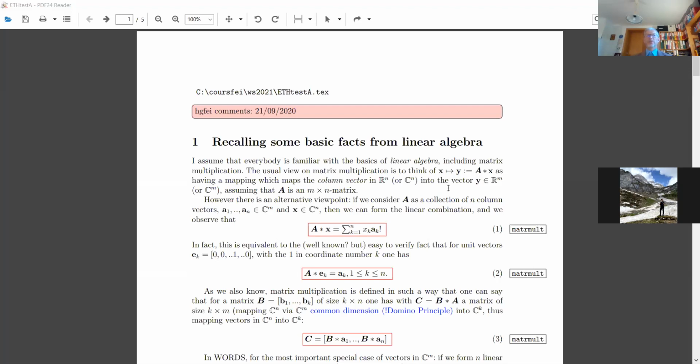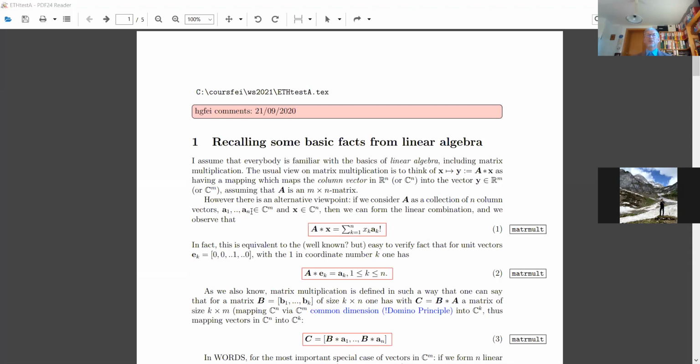So if you're given in a linear algebra course 5 vectors in R7 and you would like to do a linear combination with some coefficients, you need the right number of coefficients and you're summing up, and what you're doing is you put these vectors into a matrix. They all have the height of their columns, of course, and the number of vectors that you can linearly combine is, of course, n, the width of the matrix.